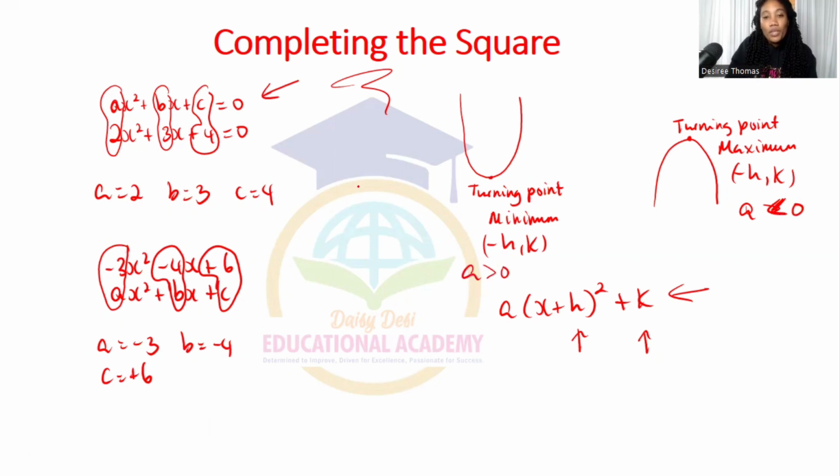So, for example, if the question said 5x squared plus 3x plus 4, we can clearly see that a is greater than 0, so this function is a minimum, or the turning point occurs with a minimum value.